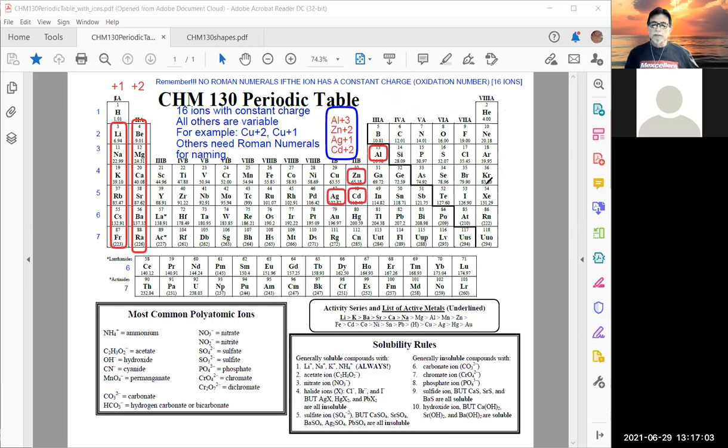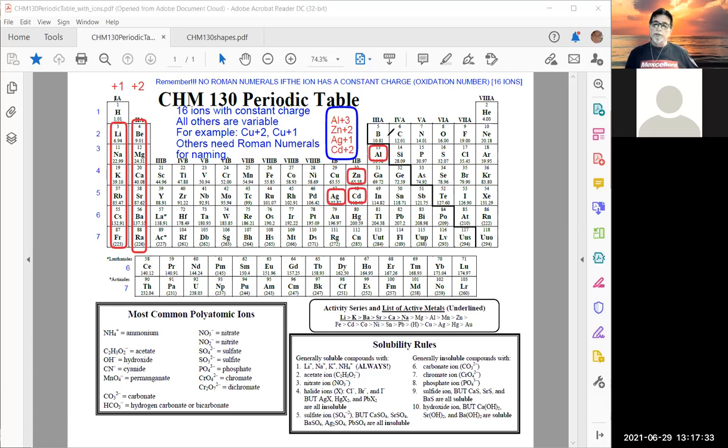Is boron a +3 ion? Yes, boron can be a +3 ion, because if it's going to lose electrons, it's going to lose those 3 electrons. But it's a special case because it is a metalloid, and it can act as a non-metal as well as a metal, because boron's right on the stair step.